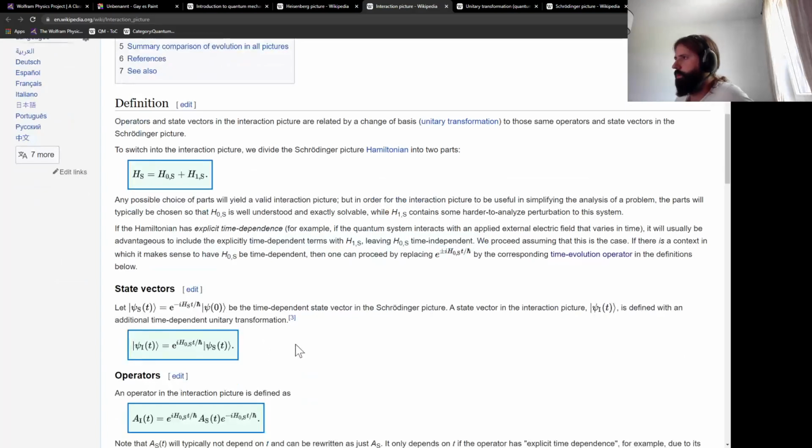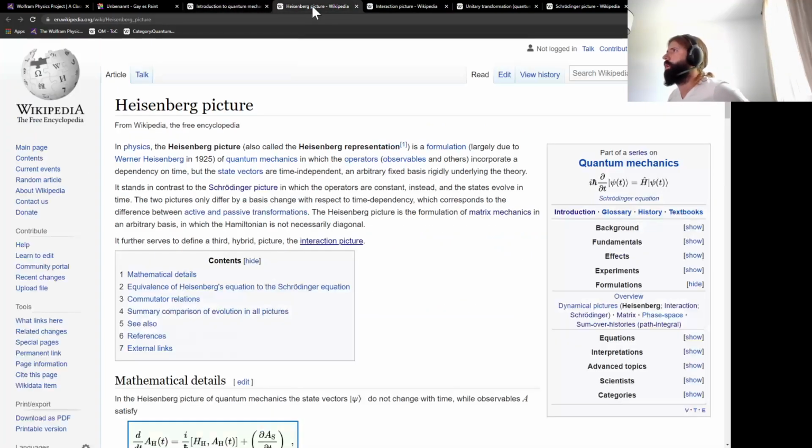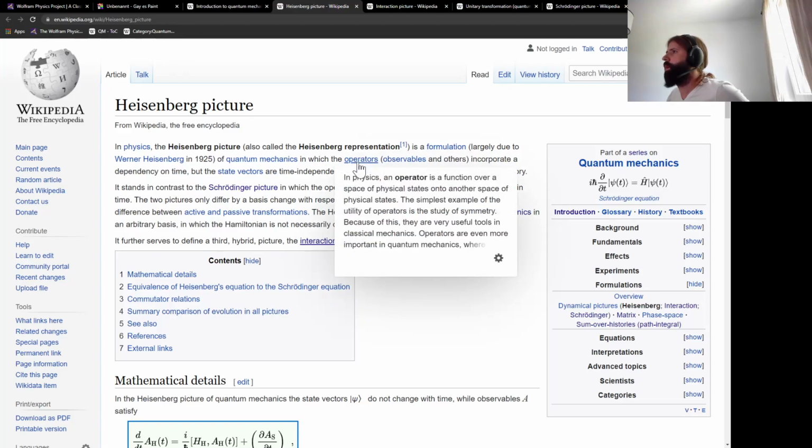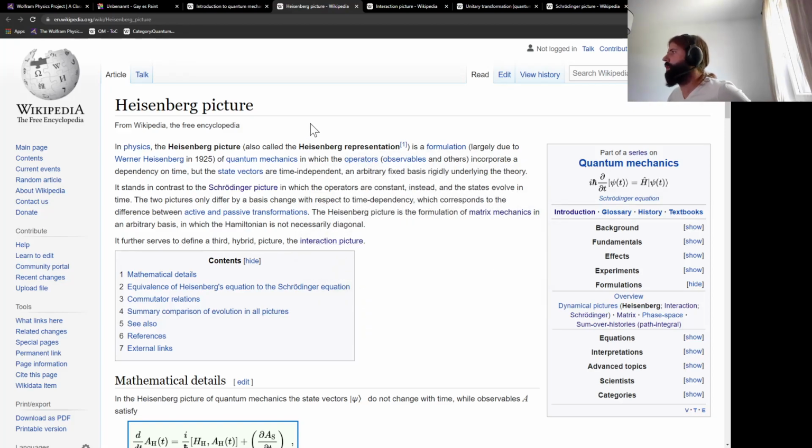So, time-dependent state vectors. The way most of the quantum computing stuff is being done out there right now, then it's the Heisenberg picture, right?